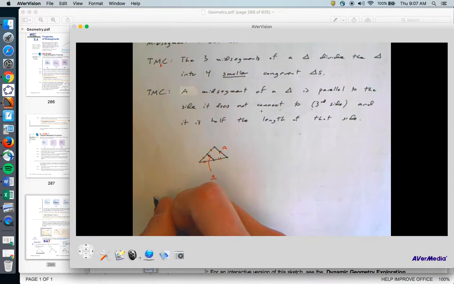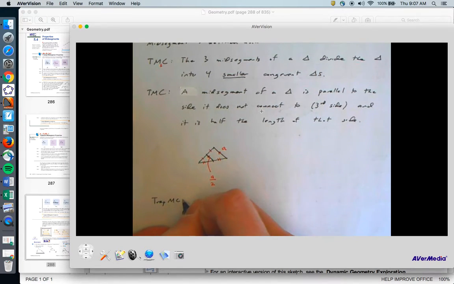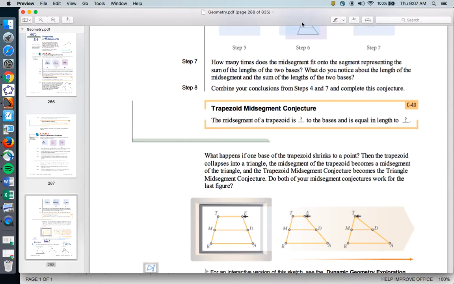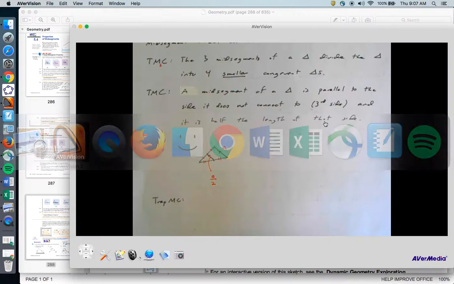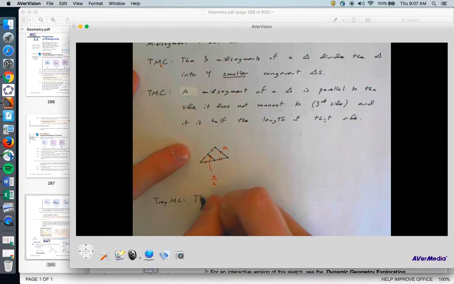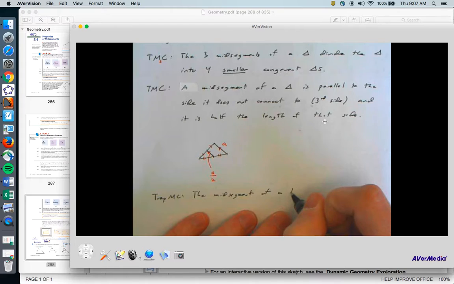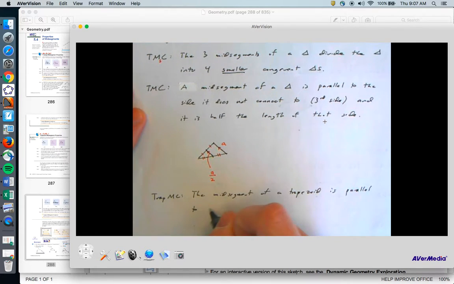Well, it's parallel to the bases. That part's clear. The midsegment of the trapezoid is parallel to the bases.